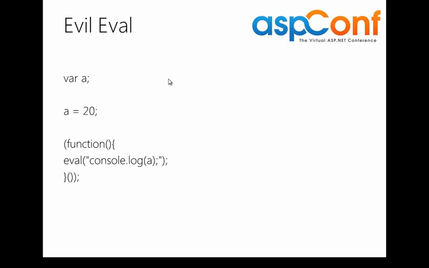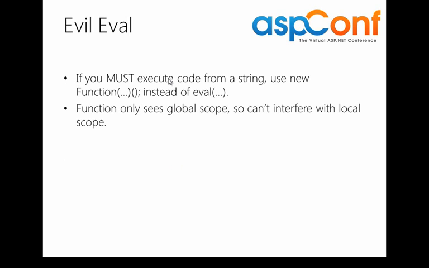So when you've got var a equals 20, and if you do eval console.log a in an anonymous function, so it has its own scope, you still get 20. It still logs 20. So the point is that eval, even if you control it with an anonymous function in a local scope, can still be evil. You should avoid eval pretty much at all costs.